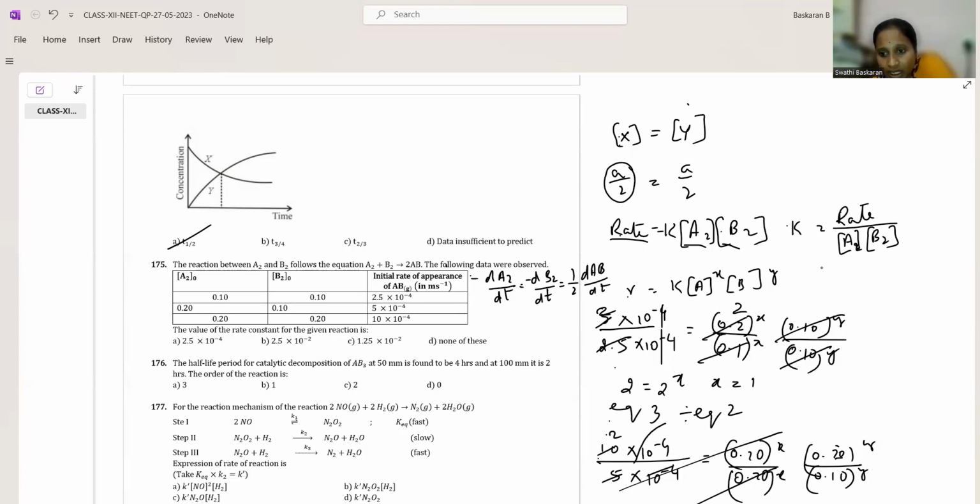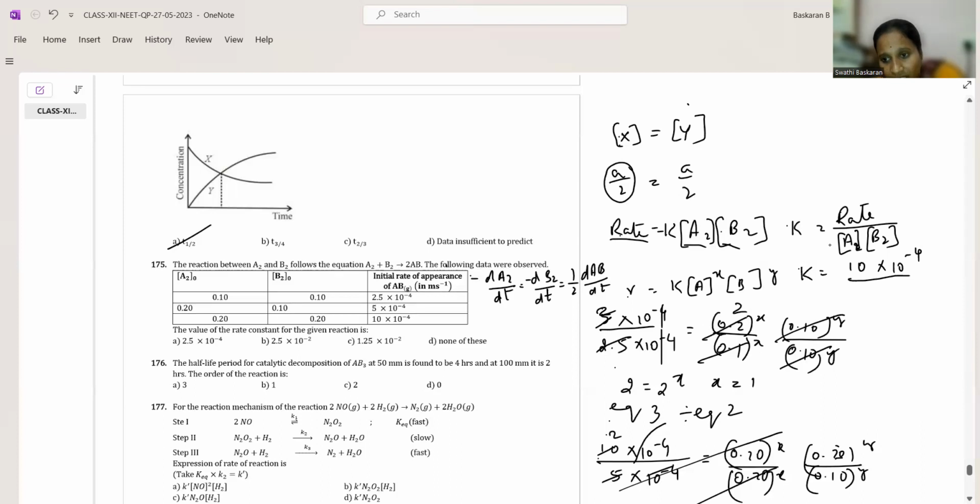So hence K is equal to rate, 10 into 10 power minus 4, divided by the concentrations of A2 and B2. This is 0.20 and this is also 0.20. So the product of these two will become 0.40. I'm going to write directly because A2 is raised to the power 1 and B2 is also raised to the power 1.